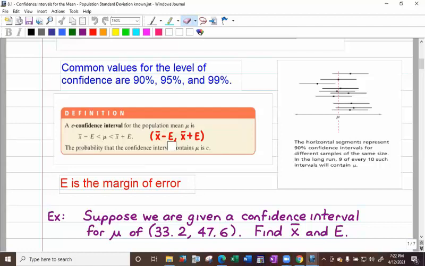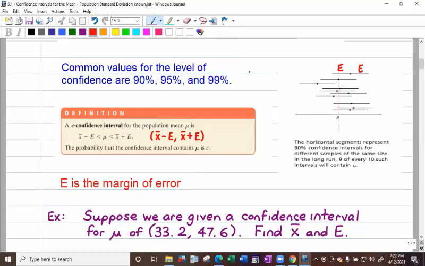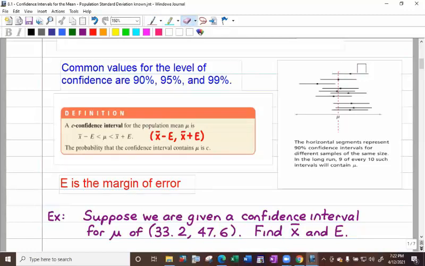The sample mean is always right in the middle of it, as these dots indicate, and in both directions the distance is the amount E. I'll just draw it on one of them here. That's E right there. So for what it's worth, the entire width of the confidence interval is 2 times E: E plus E is 2E. That's the entire width.